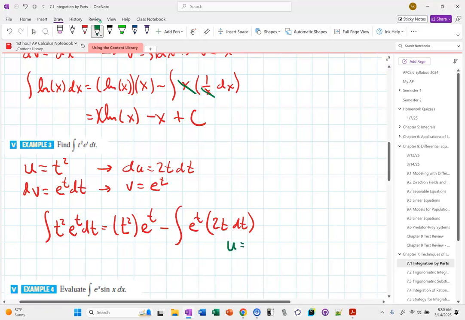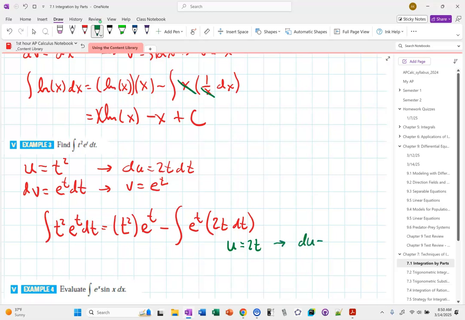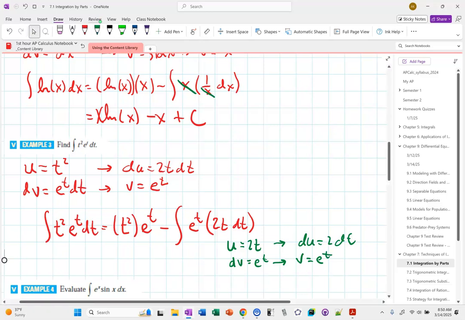So the u I'll pick to be 2t. So du is going to equal 2 dt. dv will still be e to the t. So v is still e to the t.